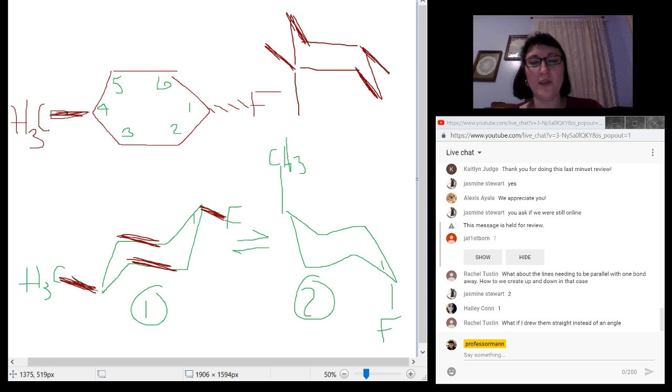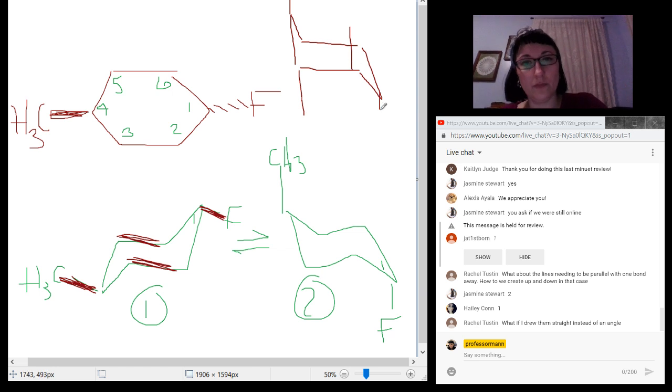But you still have the equatorial and the axial. If you're questioning whether or not your equatorial is up or down, look at the axial one. The axial one should be really, really easy to find, right? So remember, the axials go, starting at the one that's pointing up, up, down, up, down, up, down, right? So every other carbon has one going down.